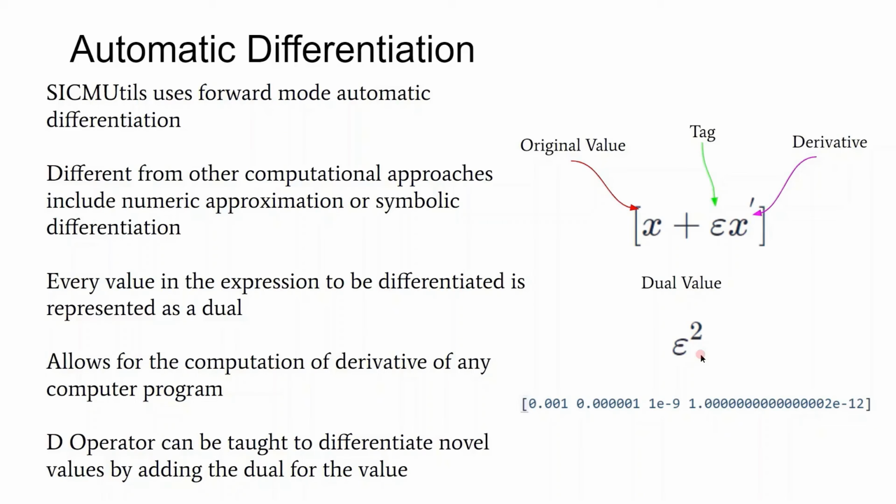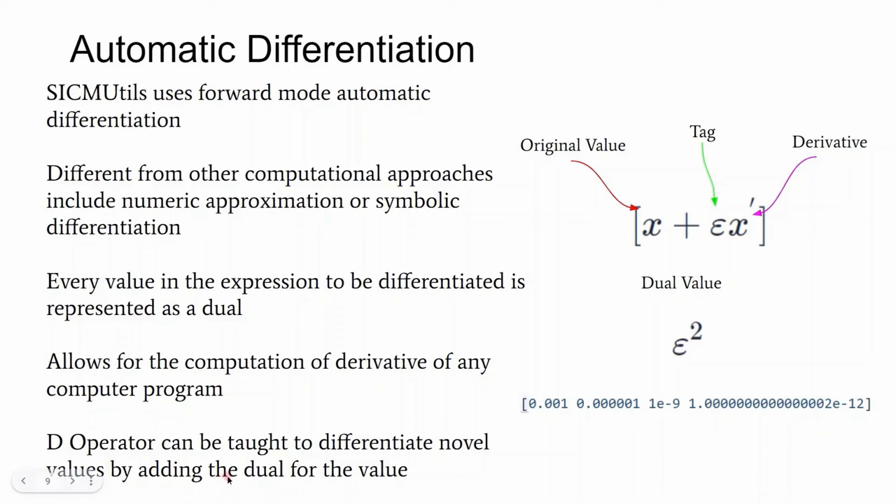A rough explanation for this is think of every tag as a very small number, and for increasing powers on small numbers, we get more and more insignificant values. So we can discard higher powers of the epsilon tag without affecting the accuracy of the final result.